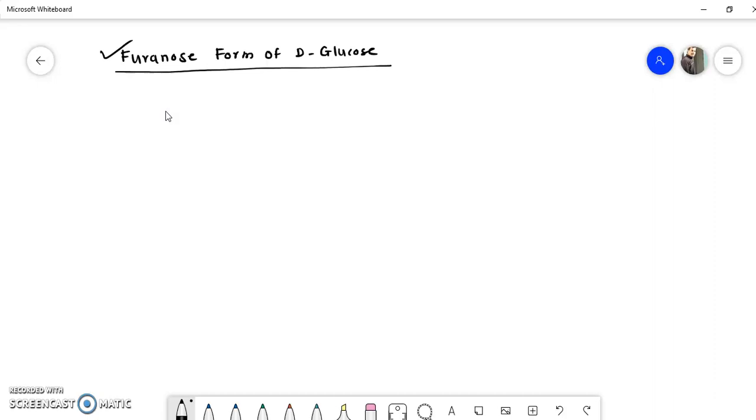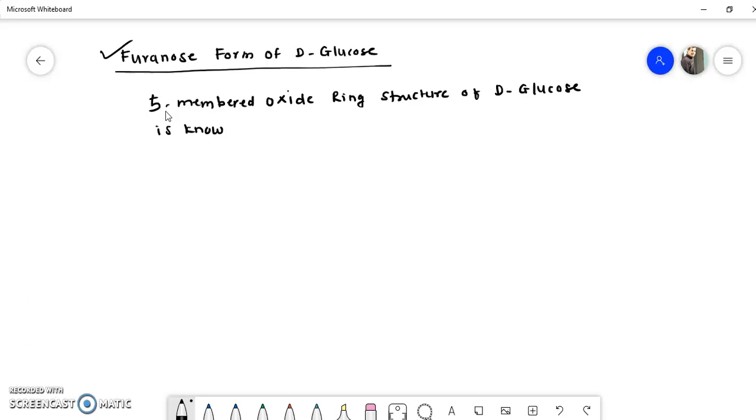First of all, we need to understand what a furanose form of D-glucose is. Just remember that a five-membered oxide ring structure of D-glucose is known as its furanose form.